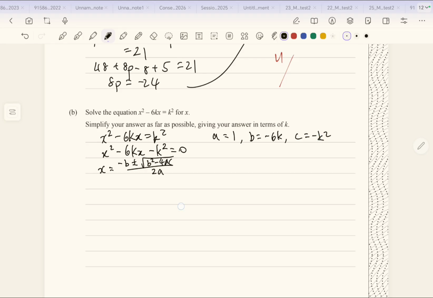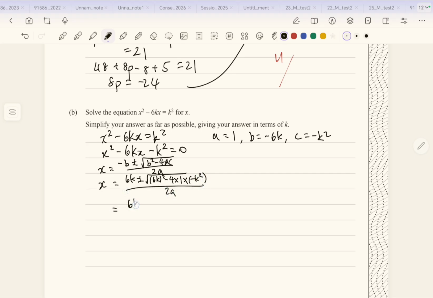Now let's sub in. x equals negative of negative 6k, which is just 6k, plus or minus the square root of negative 6k squared, which is the same as 6k squared, minus 4 times 1 times negative k squared, all over 2a.